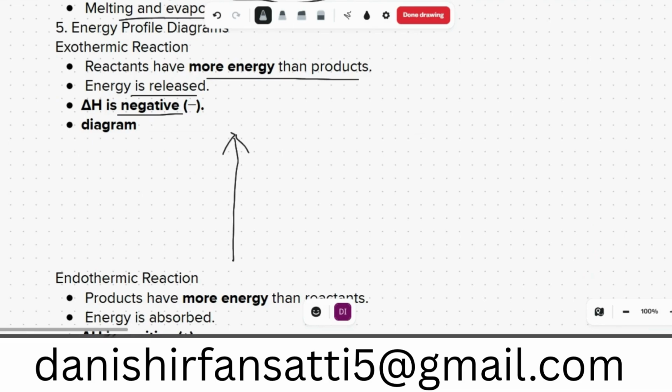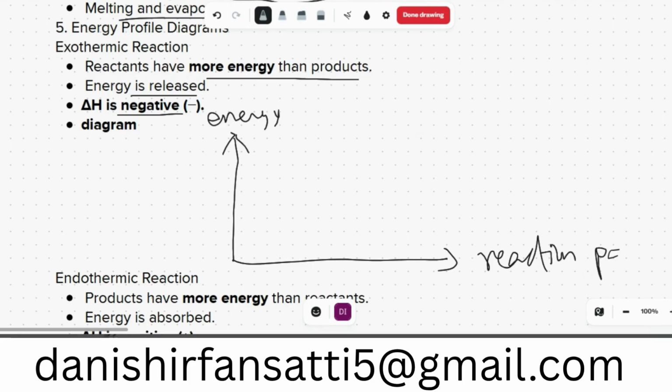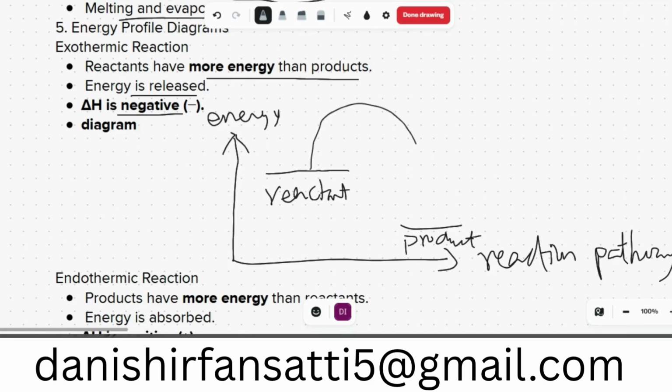That is energy, and that is the reaction pathway. Here are the reactants and here are the products. An exothermic reaction will go like this.